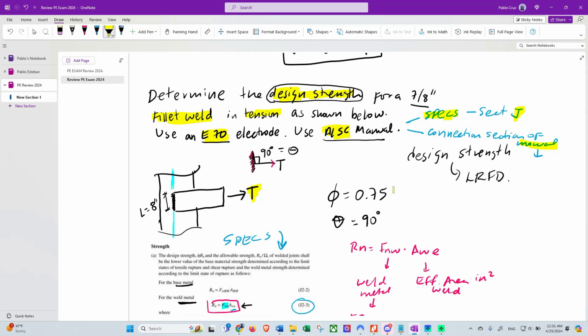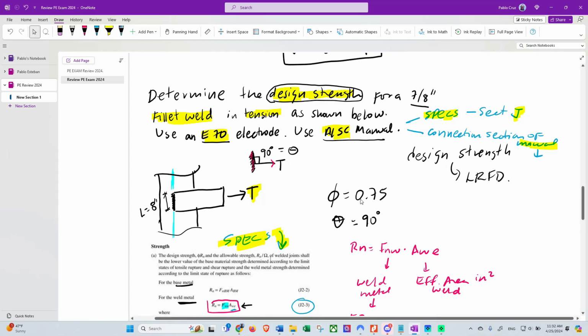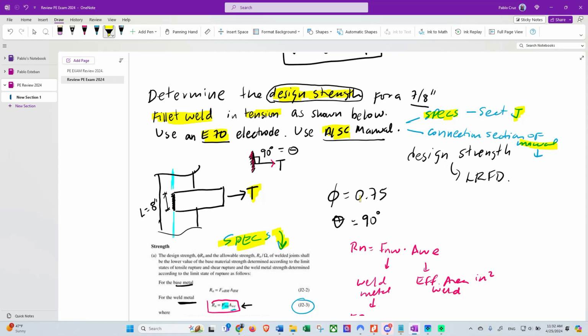So the specs, for example, these are the specs. In the specs, we are talking about section J, and specifically related to strength. We have different definitions. So we have the base material. The base material will be the material of the elements we are welding, and we can check that equation J2-2 refers to the base material.